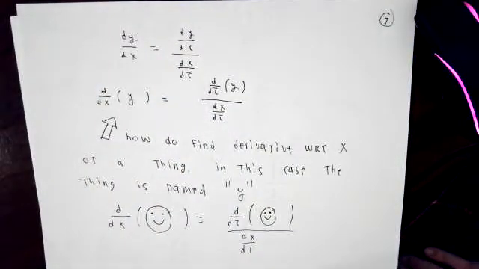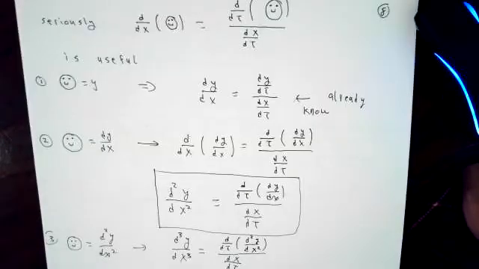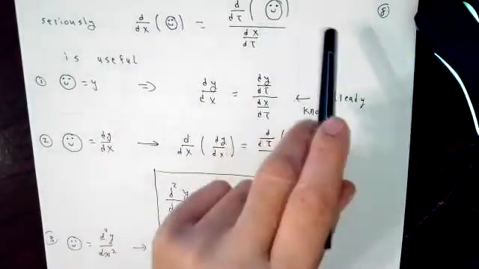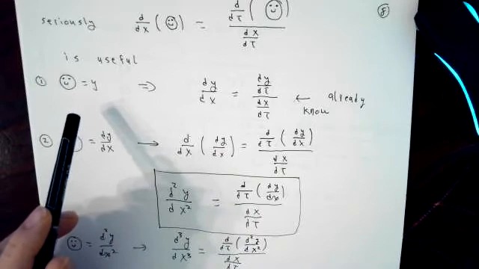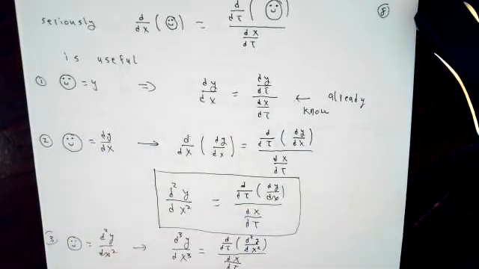If it's something else, then maybe we're calculating something else. So we're going to take this equation as being a general principle. If smiley face is y, as we said, we get back this formula that we already know.